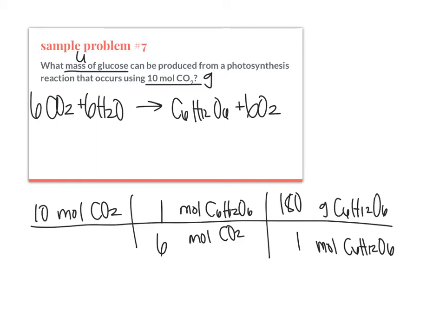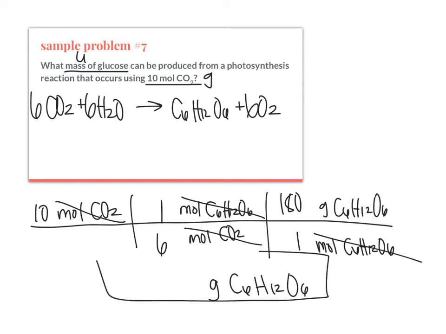Okay? Let's make sure everything cancels. Moles of CO2, moles of CO2, moles of glucose, and we're left with grams of glucose, and you can find the answer by working it out. So make sure you're working it out, multiply, divide, to get the answer for how many grams of glucose can be produced. That's what we're trying to find.